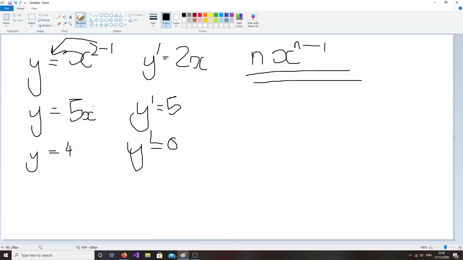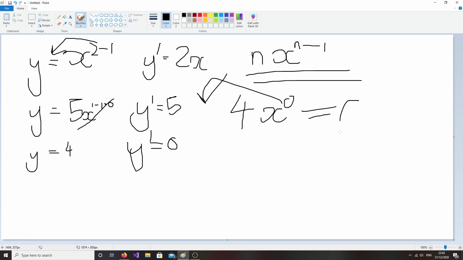Does it apply to this? Yes, so 1 minus 1 is 0, so you get rid of the x. And with 4, if we pretend there is an x to the power of 0 there, and we put the 0 to the front, then that equals 0, doesn't it?